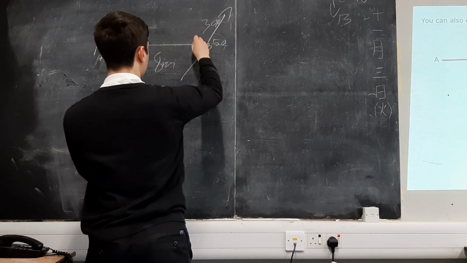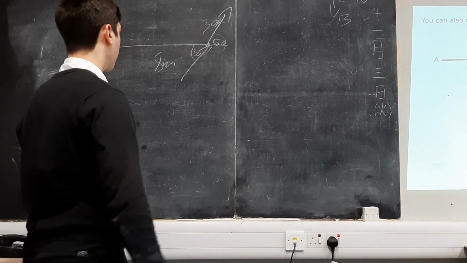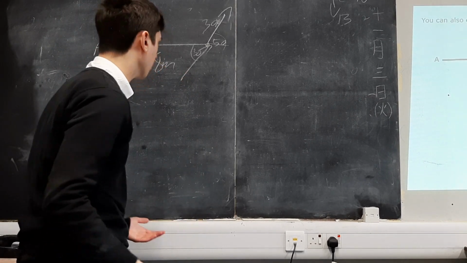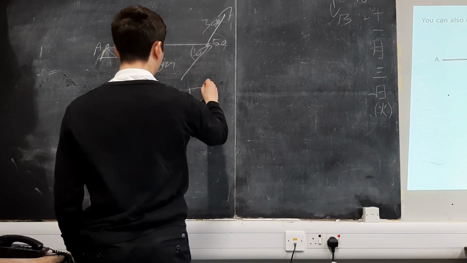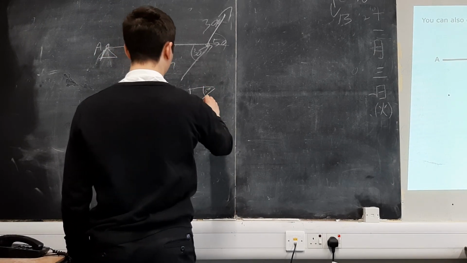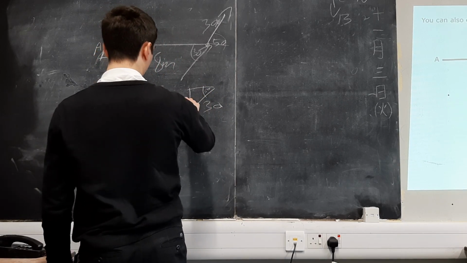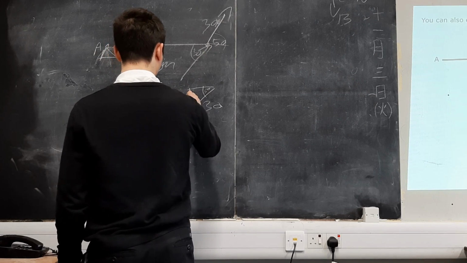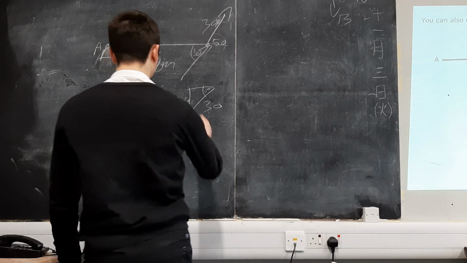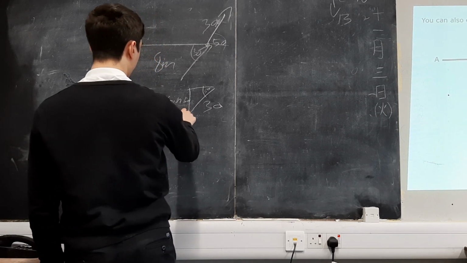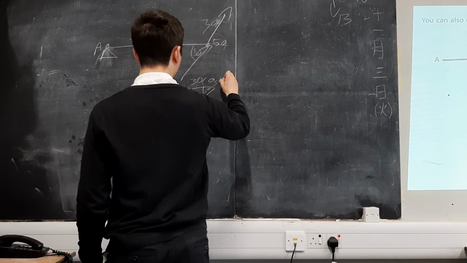I'm just going to draw it like that because I like it better. 50, and then, well, that's difficult to deal with, so let's make it a triangle. 50, 30, and then sine 50, 30 sine 50, and that's 30 cos 50.